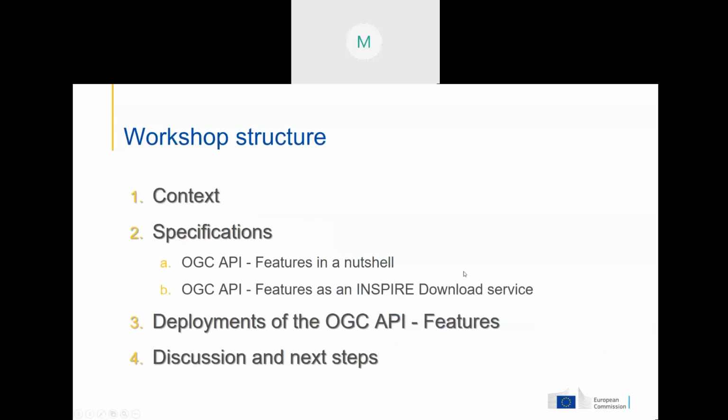Now, going to the workshop structure, what we're going to discuss today is separated into four distinct blocks. First of all, we are going to define the context, discussing in particular the topic of why we need, and do we need, APIs in INSPIRE.